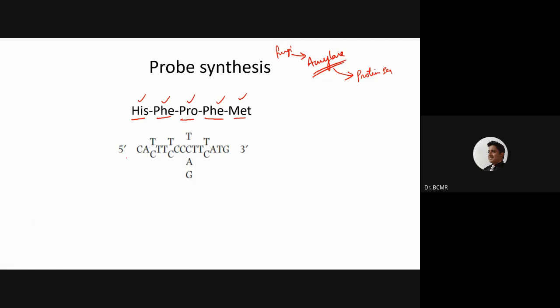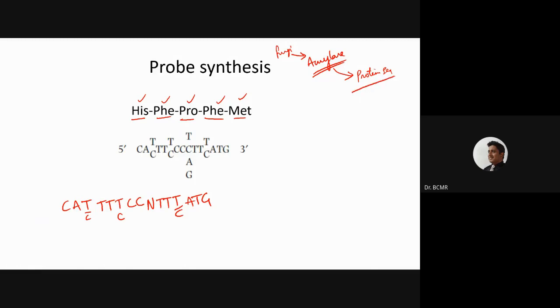So I'm just rewriting this probe, CAT, T or C in the third position. Then T, T or C. Then C, C, and it could be N. N means any nucleotide.